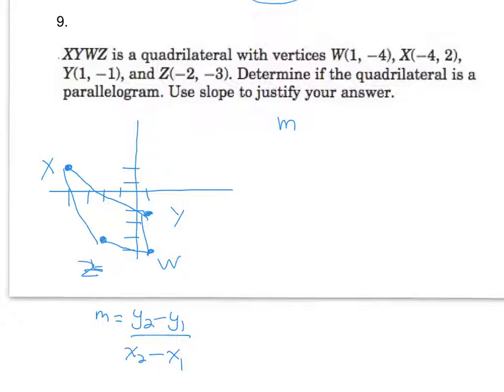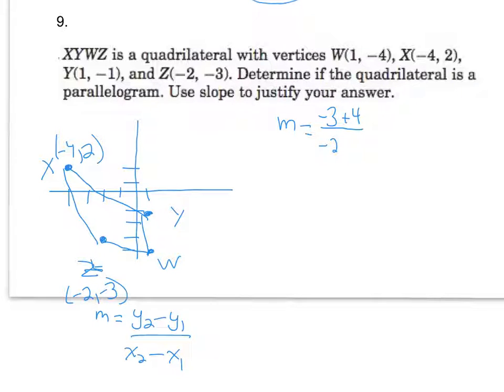So remember X was negative 4, positive 2, and Z was negative 2, negative 3. If I plug that in my slope formula, negative 3 minus negative 4 becomes positive 4 over negative 2.